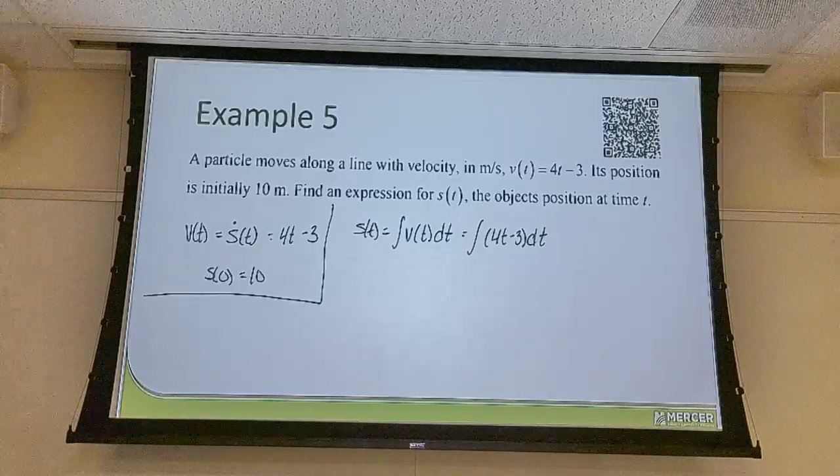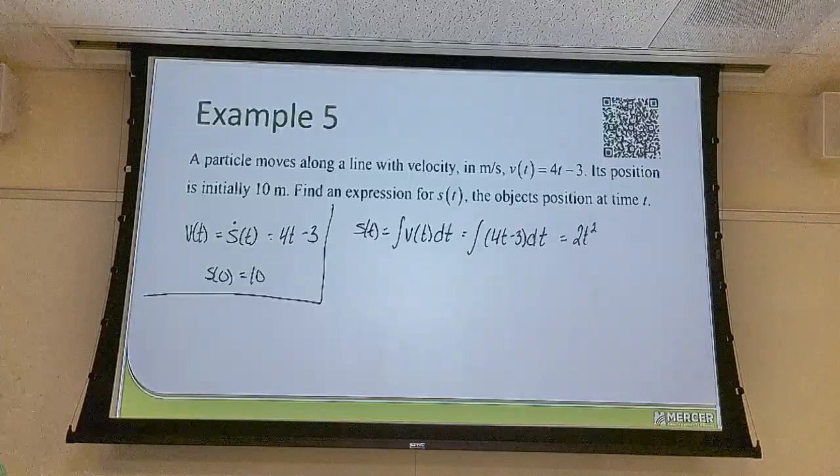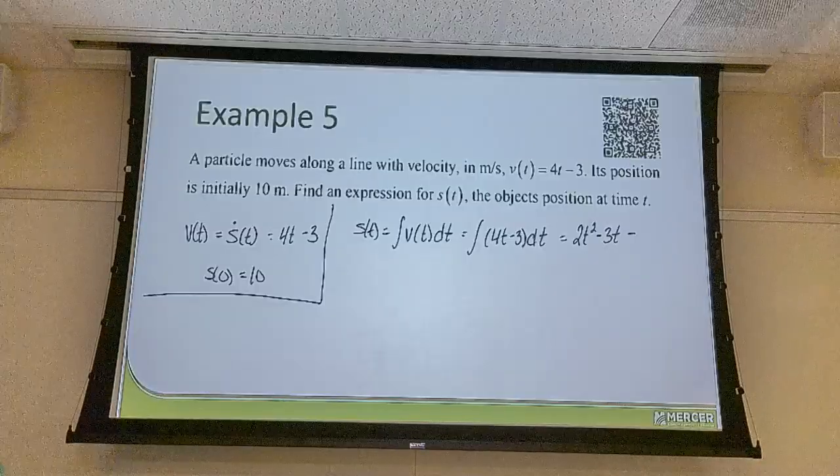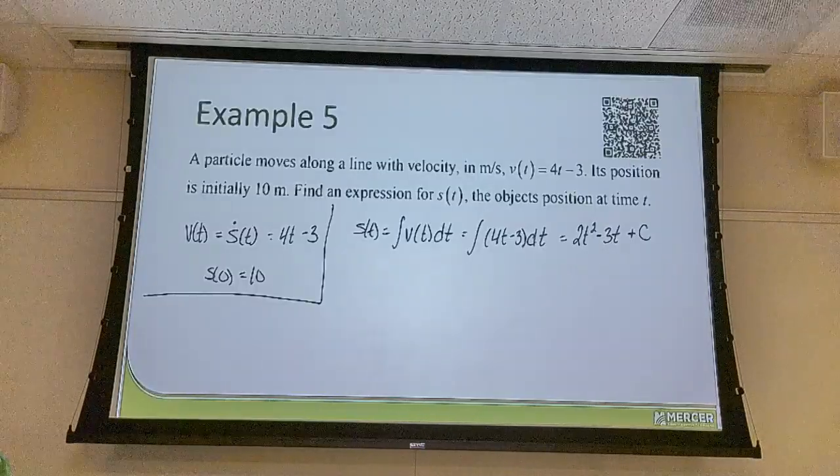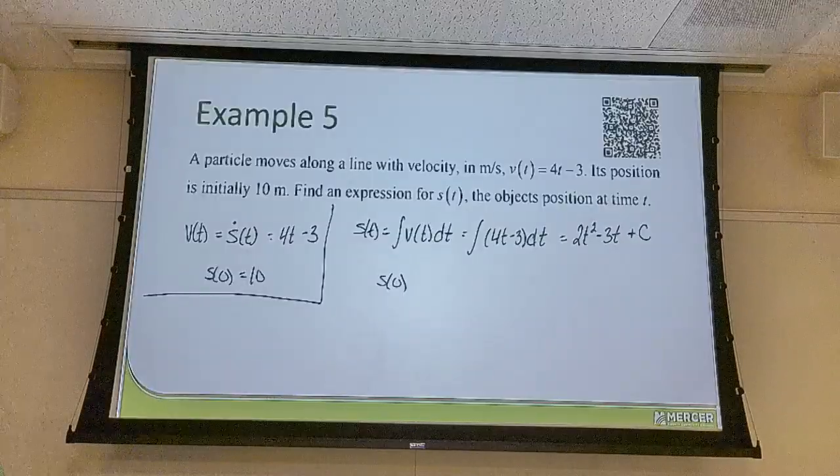And so position would be the antiderivative of velocity. What's that antiderivative? 2t squared minus 3t plus c. But we're told S of 0.